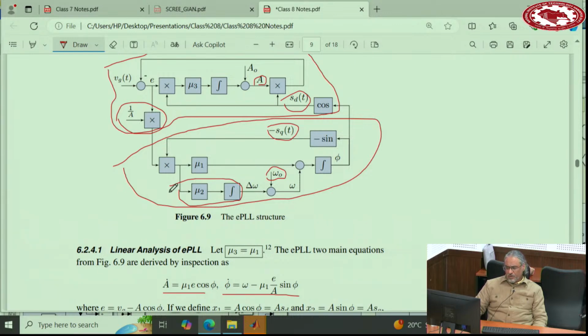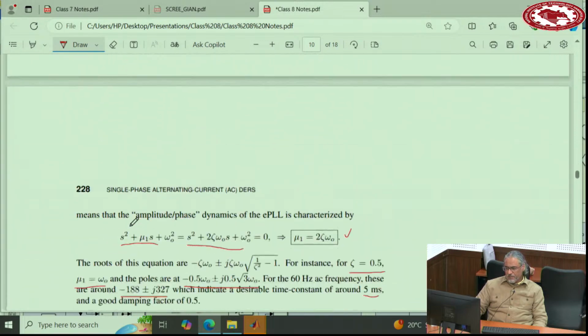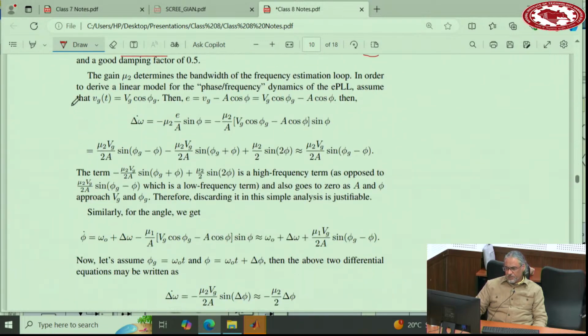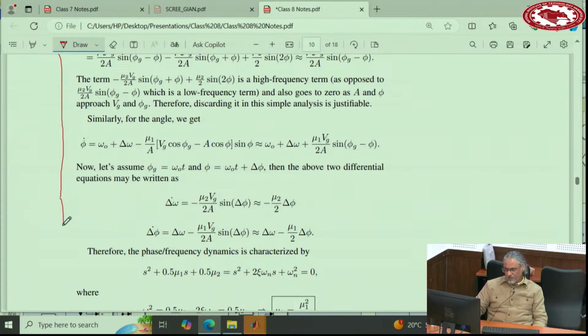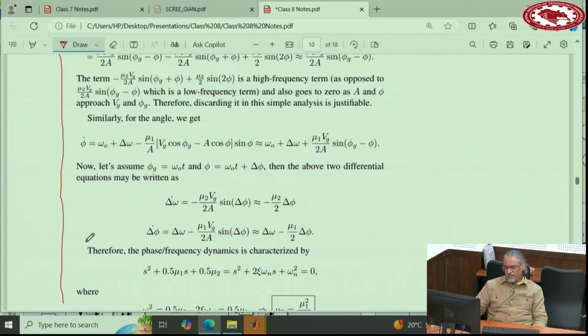For that part, like I told you, this is a standard PLL. People have been able to linearize this PLL using Jacobian linearization around the equilibrium point. So we did the same thing here.